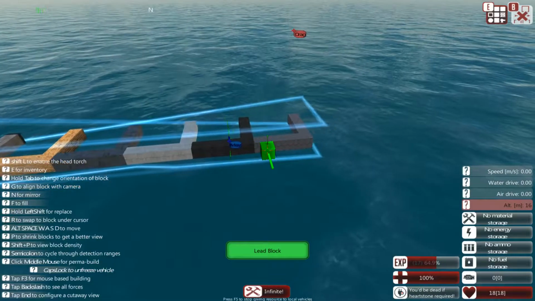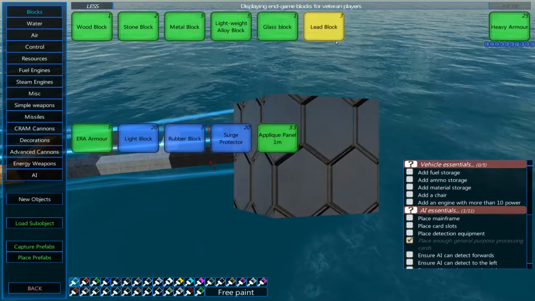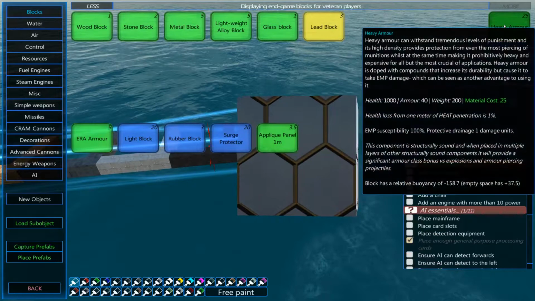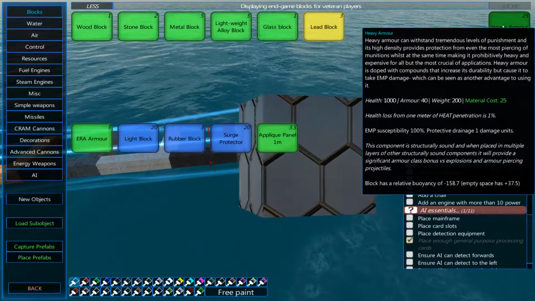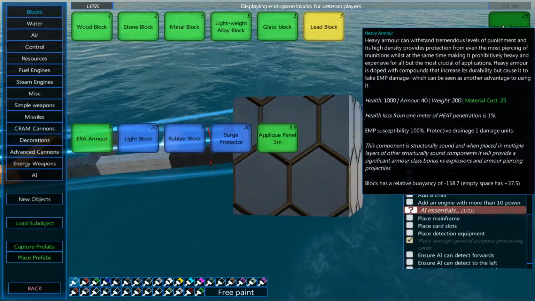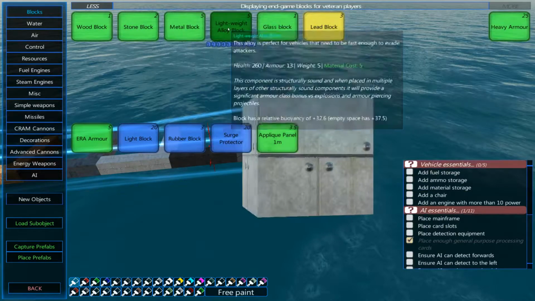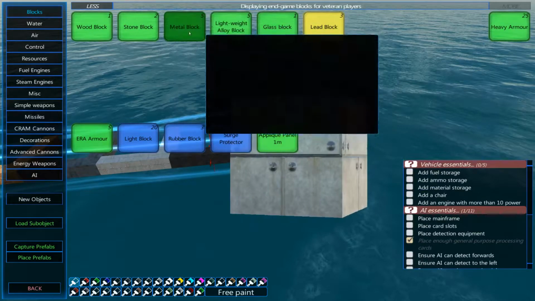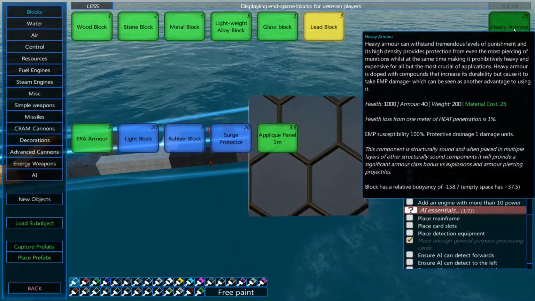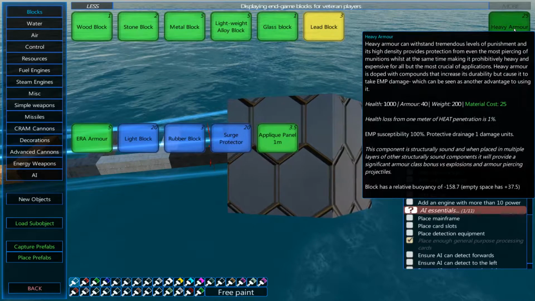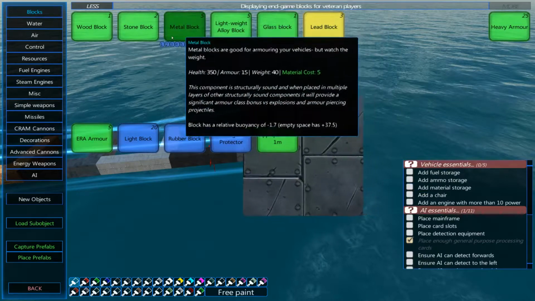And then you have heavy armor. Weight of 200, so the same as lead. 1000 health. 40 armor. 5 times as expensive as alloy and metal. It actually protects against EMP, which others don't at all.